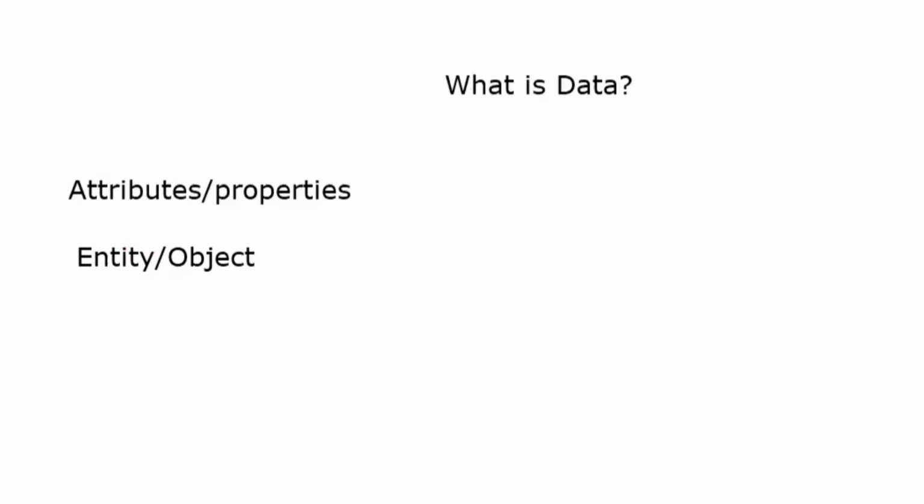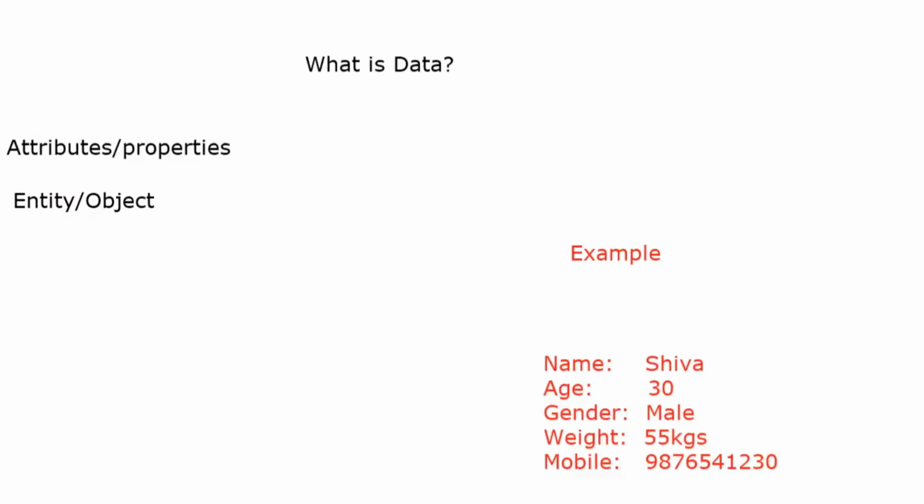I will explain the definition of data with an example. So let's see the example. Take the example of a person named Shiva. What is Shiva according to these two terminologies? Shiva is called an entity, right? He is the existing object. So he is considered as entity or object.